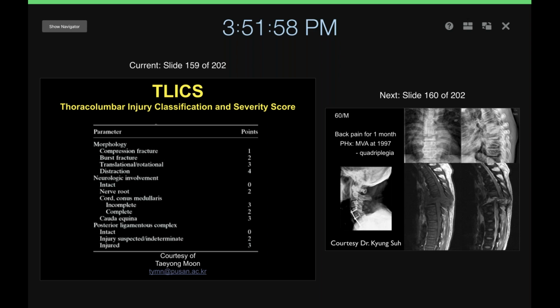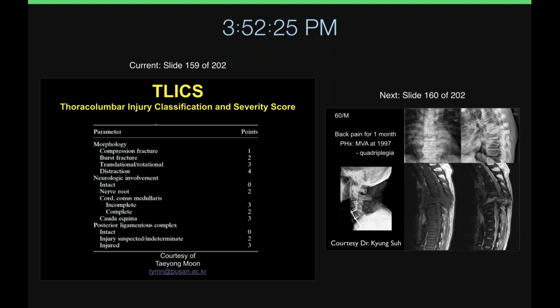And the posterior ligamentous complex is very important to determine instability. You can add this up, and above a certain number can be surgical or not, but most of the surgeons I've talked to don't actually add everything up to determine whether they operate. They operate basically on the symptoms, and this I think is more for doing research studies.